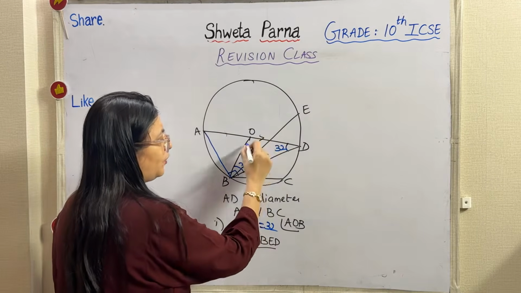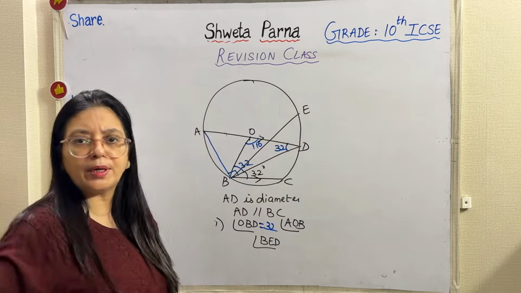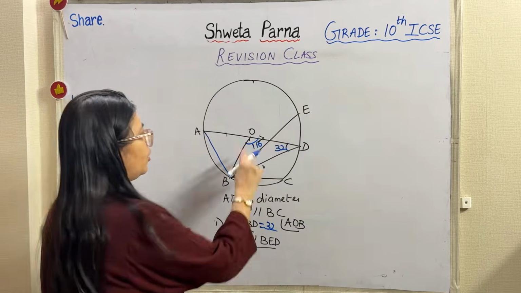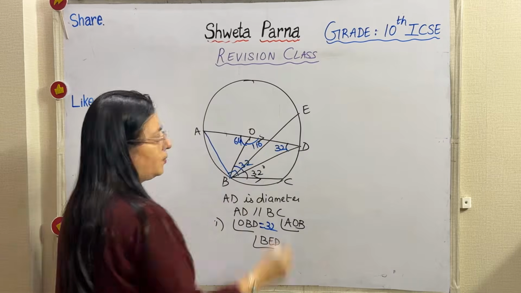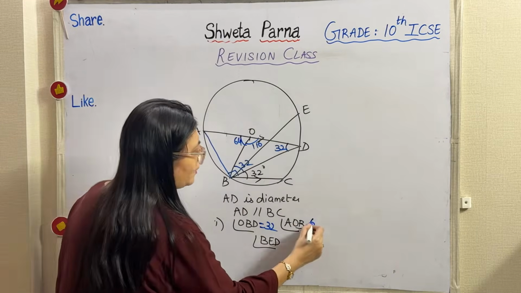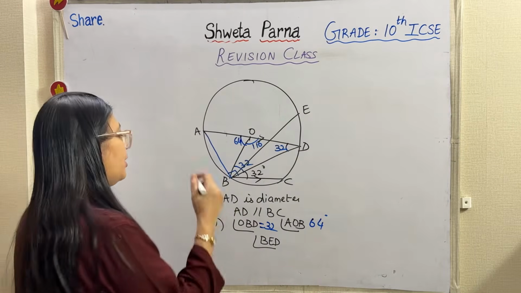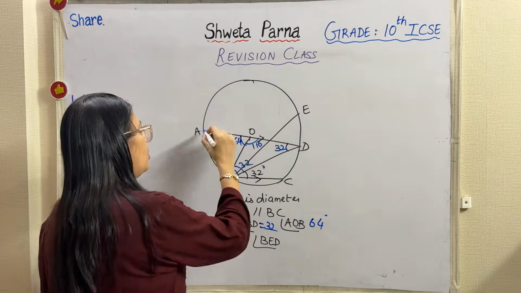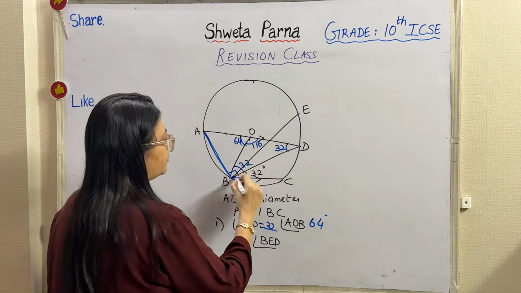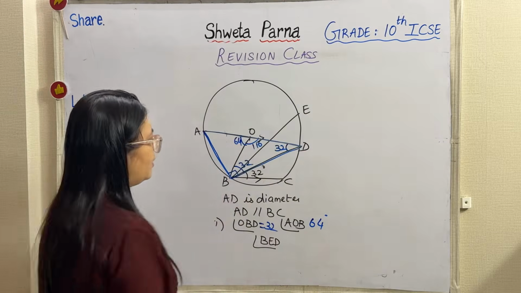Now, if this is 64, this will become 116 degrees. Angle sum property. Okay? Now, this will become 64 degrees. Angles in a linear pair. So, angle AOB is 64. Then comes BED. Children, for BED, what we can do? We will take this triangle and use the angle sum property.